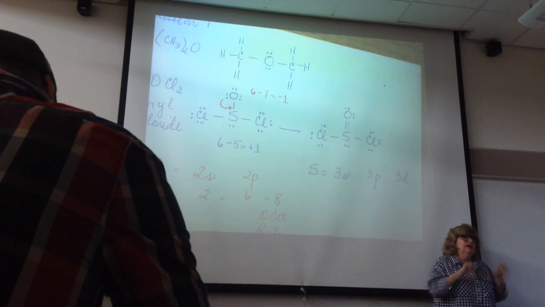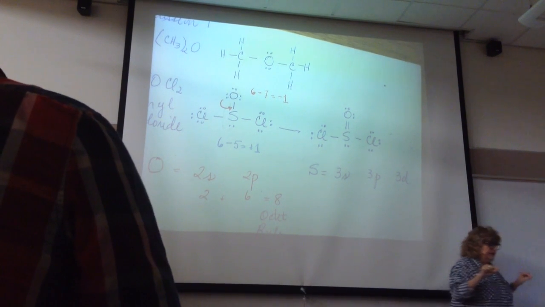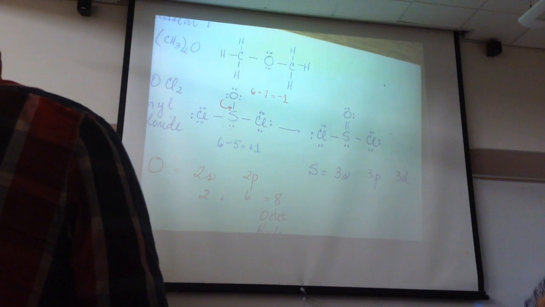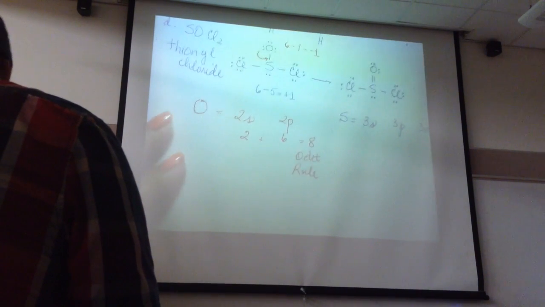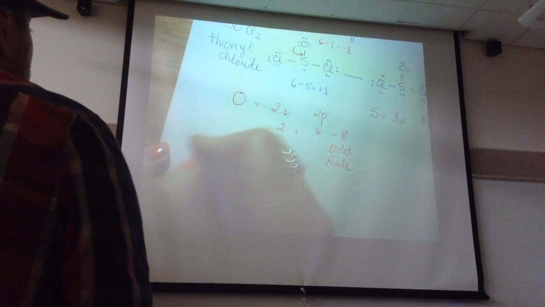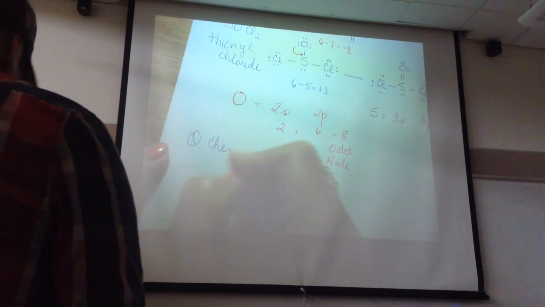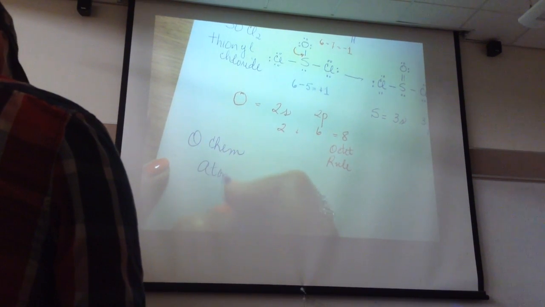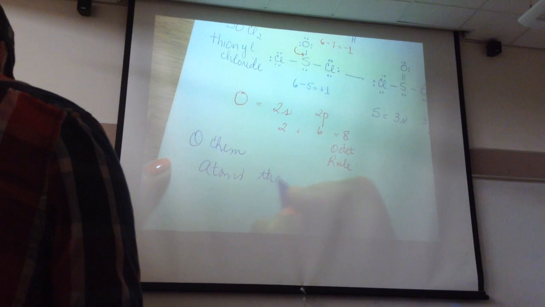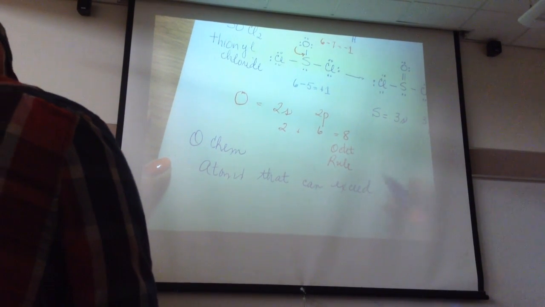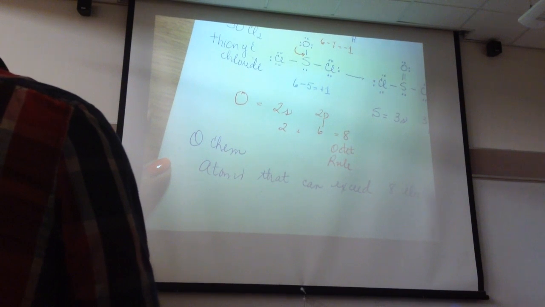Atoms on the third energy level, so for us, in the OChem world, atoms that can exceed 8 electrons around them.